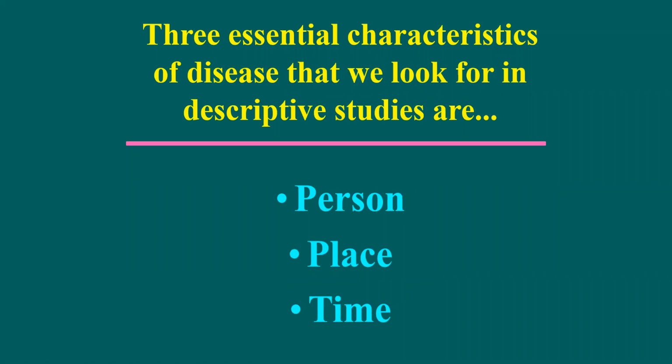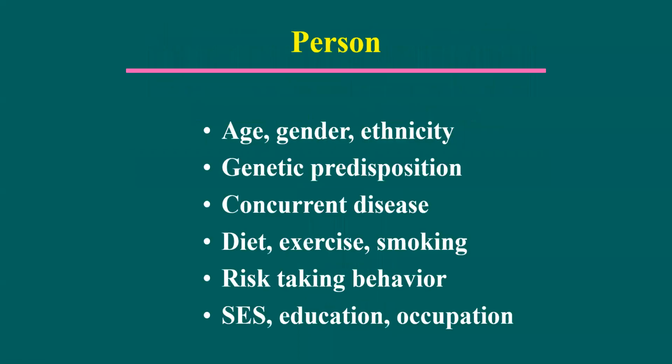As we discussed last time, there are three essential characteristics of disease that we need to look at when doing descriptive epidemiology: person, place, and time. Those are the main characteristics of descriptive epidemiology.